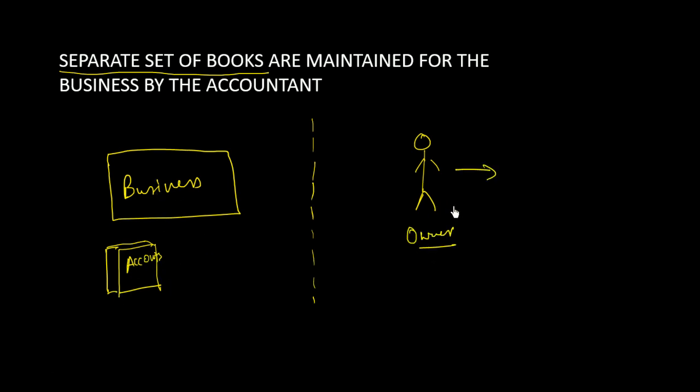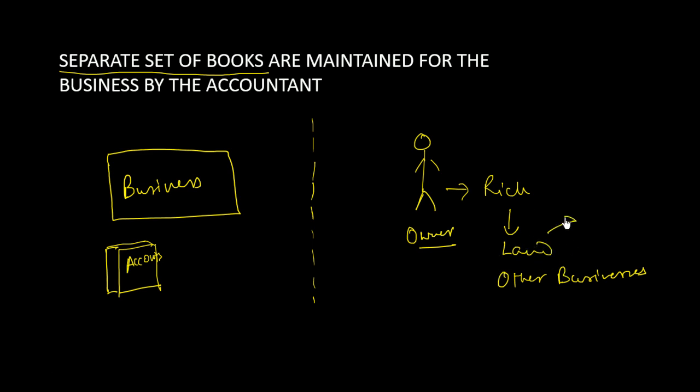Now say the owner of the business is a very rich person, and he has different properties in the form of, say, land, and he might have other businesses. So let's assume that from this land which he owns, he earns a huge profit.